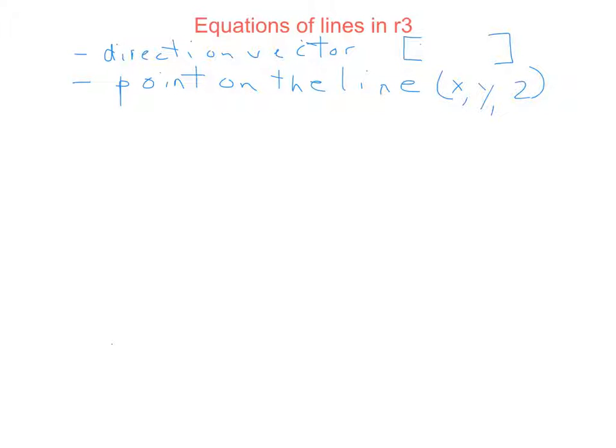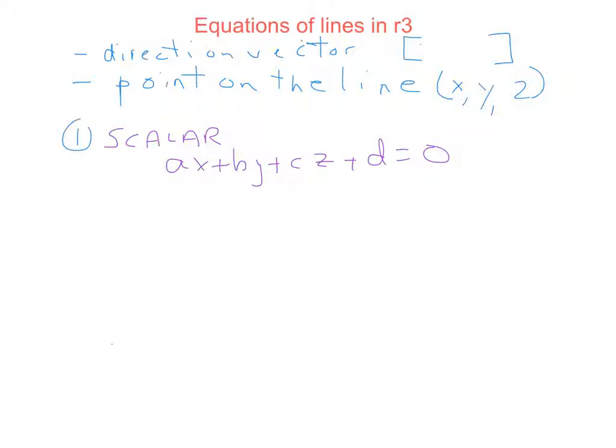The first is the scalar equation. Your prof might call this something different. There are two or three other names out there for the scalar equation, but that's what I like to call it. And the scalar equation is going to take the form ax plus by plus cz plus d equals 0.